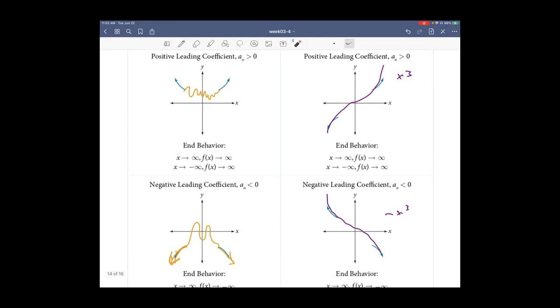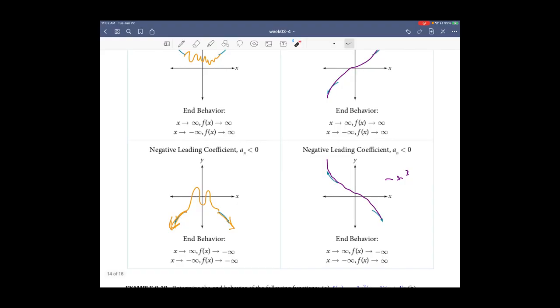In other words, positively infinite at positive infinity, negatively infinite at negative infinity, or reflect that about the x-axis. So positively infinite at negative infinity and negatively infinite at positive infinity.